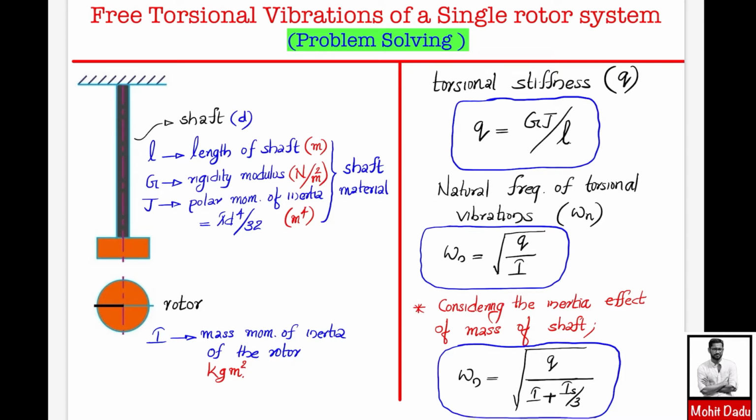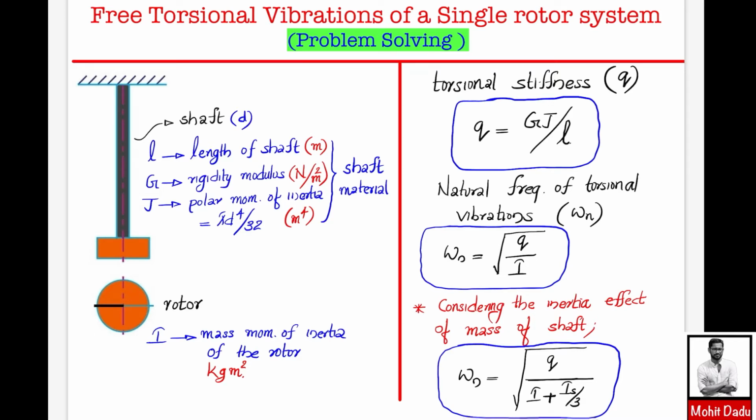If you are considering the inertia effect of the mass of the shaft also, then you have to consider the mass moment of inertia of the shaft. That means instead of I, it becomes I plus Is by 3, where Is is the mass moment of inertia of the shaft.